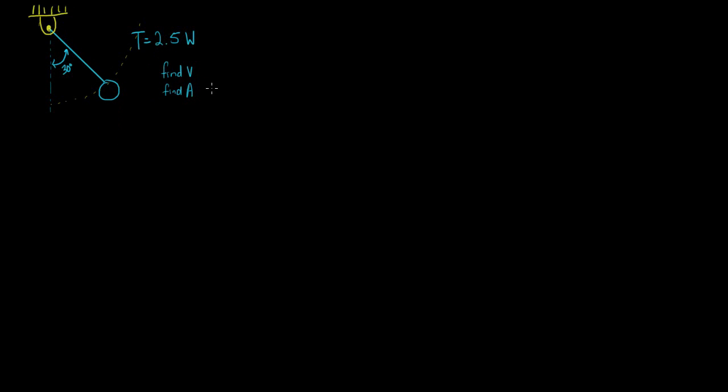We're asked to find its velocity, and we're asked to find its acceleration. The first thing we should do is draw a free body diagram of this, and we're going to use its normal and tangential components as coordinates.